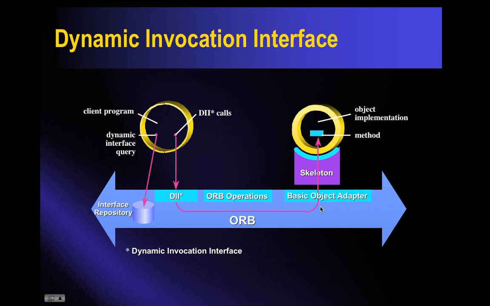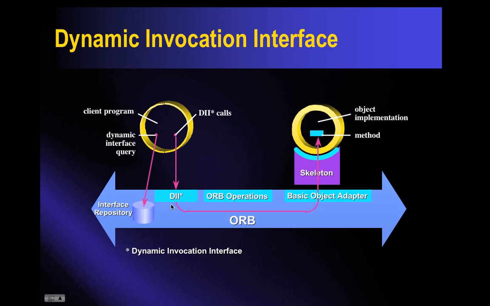In terms of the dynamic invocation interface, we have the ability to go through from the client, make a call through a skeleton, and then have the object actually instantiate, have the object actually invoke and send the information back through the method call. So dynamic invocation interface, very similar in terms of its component.